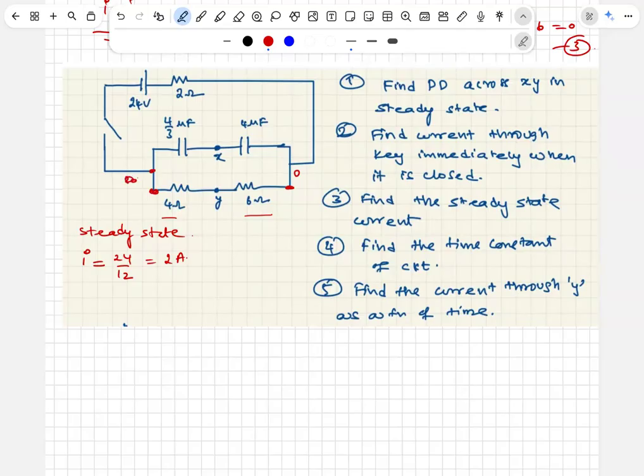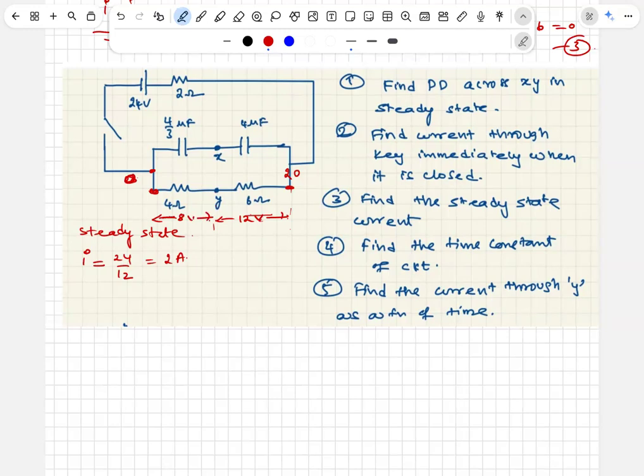This is 20 volt. Now 4 and 6 are in 2:3 ratio, so the drop is 3/5 times of the total drop. 3/5 times of 20 is 12 volt. This is 12 volt and this is 8 volt.